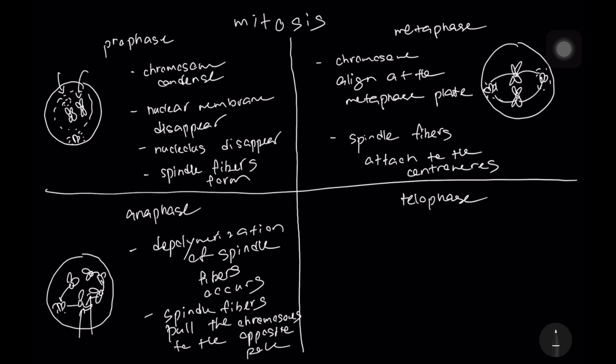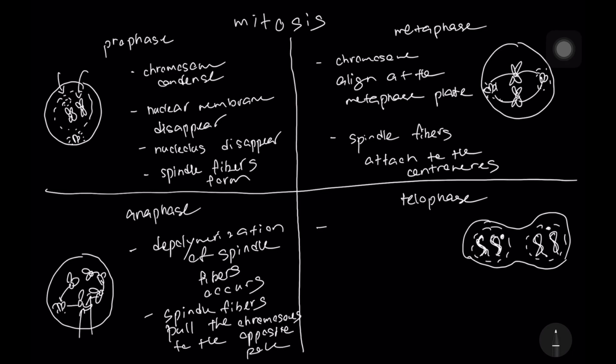And for the last one, telophase, you can see that the cell is going to divide into two new cells, which we call the daughter cells. This is the same thing, the nuclear membrane, and we can see that the chromosomes are now thread-like. This, which I blackened, is the nucleus.